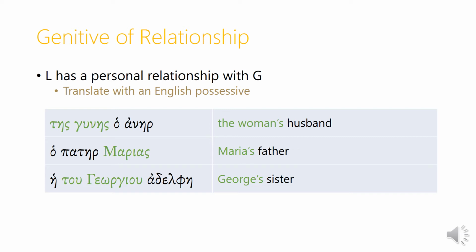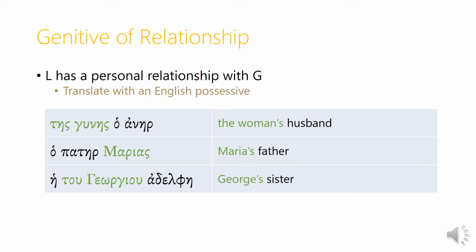So, tes gunes ha aner, we might first gloss as the woman man, and then ask what's the relationship between the woman and the man, then we would decide, well, maybe it's marriage. So we would translate it the woman's husband, since aner can mean husband as well as man.